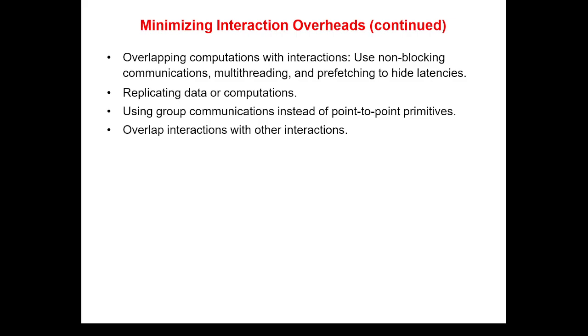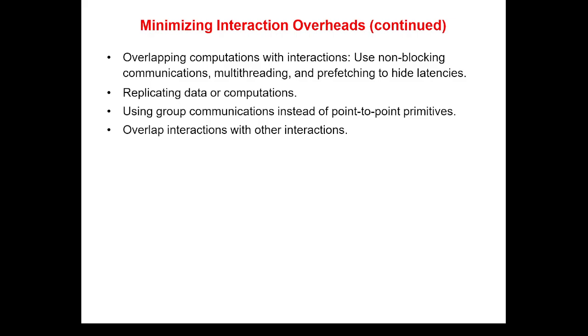So overlapping computation with interaction, use non-blocking communication. Kita gunakan multi-threading, kita pakai prefetching to hide the latency, and then do some replication of data or computation, which is mirroring.